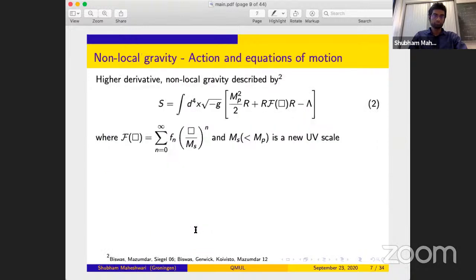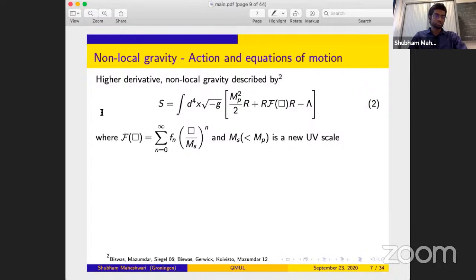So the action for gravity that I will consider is given here in equation 2. It's the usual Einstein-Hilbert term with a cosmological constant and an R squared term, but a non-local R squared term. So you have this f of box, which is an unknown function. We will get to what it means later, but this f of box is sandwiched between these two Ricci scalar terms.